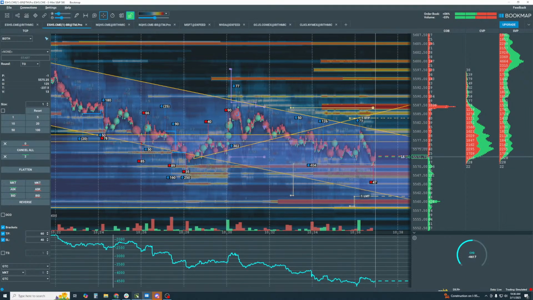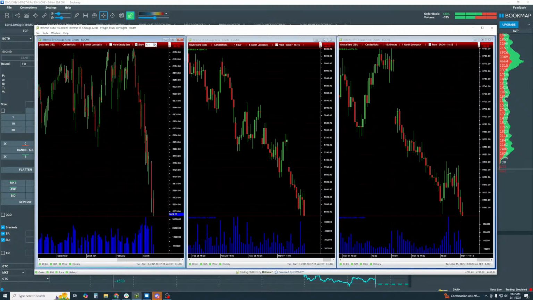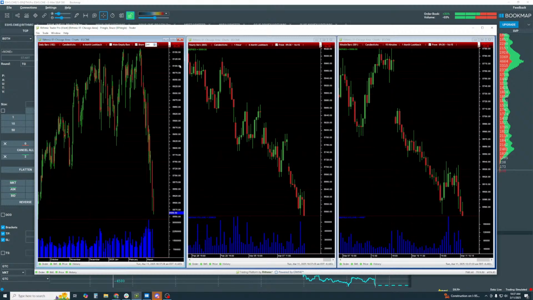Let's go back to our higher time frame in here and take a look at this. So we're breaking the lows here. We've got to zoom out a little bit more on the higher time frame. Where are we here?